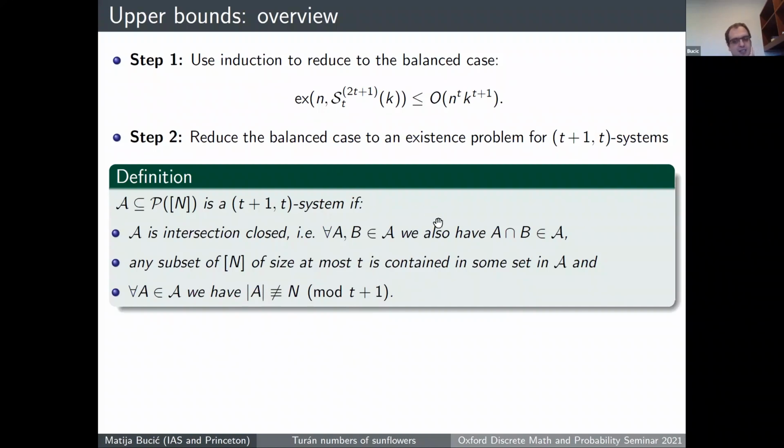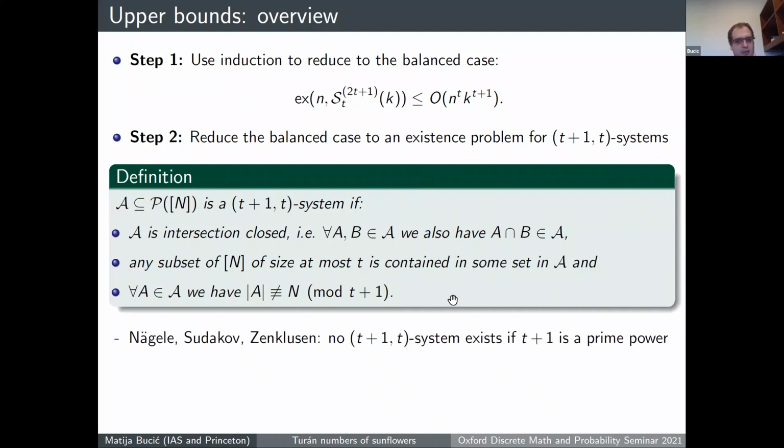So as I said, these conditions might seem a little bit arbitrary and coming out of the blue. So it's quite remarkable that this bound really reduces to whether such an object exists or not. But what is even more remarkable is that this same somewhat strange object appears in completely unrelated problems.